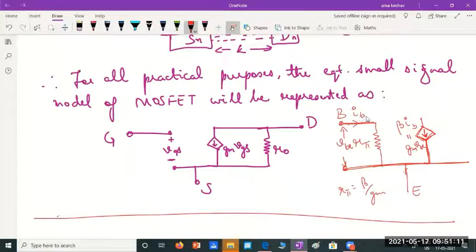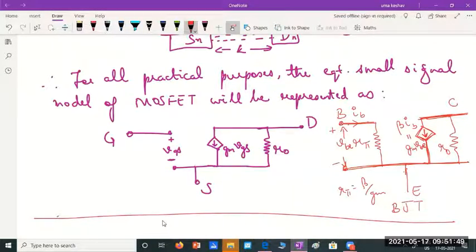If the input small signal current is IB, beta IB would represent the value of this current source, or Gm into VBE would represent the value if VBE is the small signal input voltage. And just like here, we are going to have a parallel resistance R0, so as to make this a practical solution. So remember, in a practical solution, it should model the behavior of the BJT exactly.